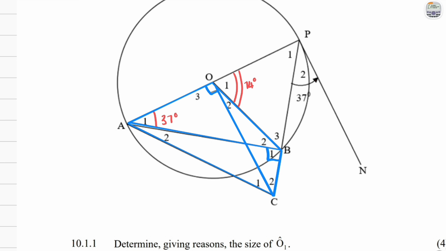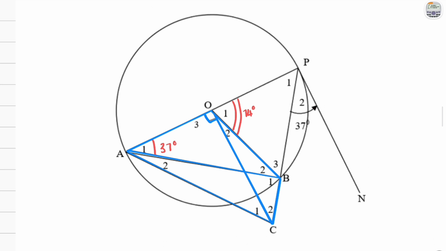Can we actually prove that this is 90 degrees? Yes, we can. If you look at OP, this is a diameter. So a diameter will always support an angle that has a size of 90 degrees at the circumference. So if this is 90 degrees, then you know that this line PBC is a straight line, and so angle B1 will also be 90 degrees.